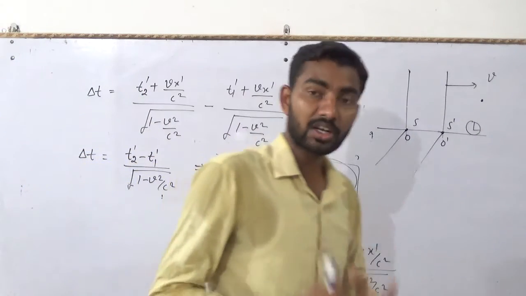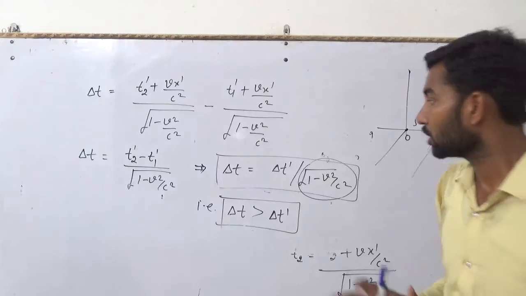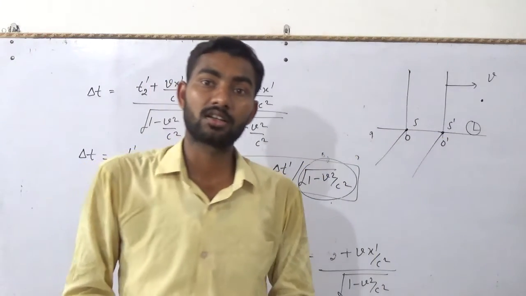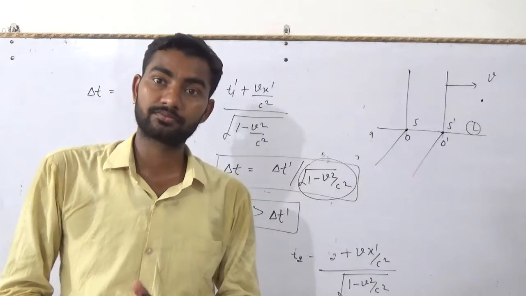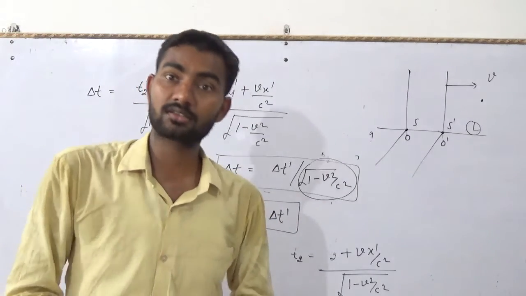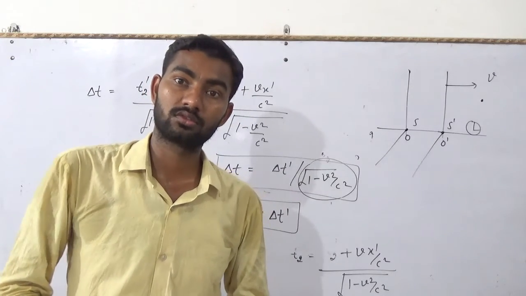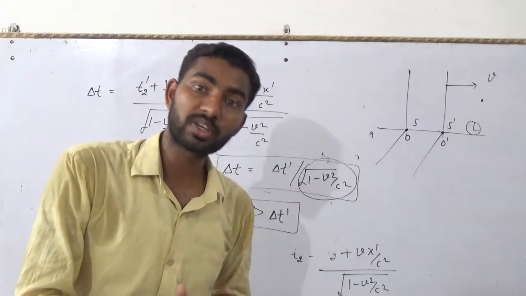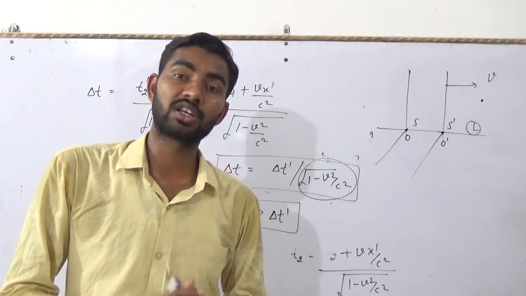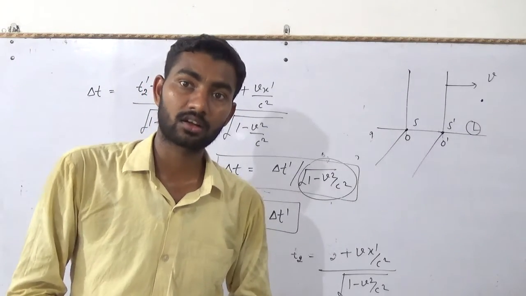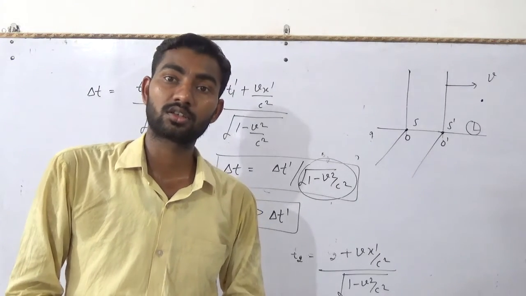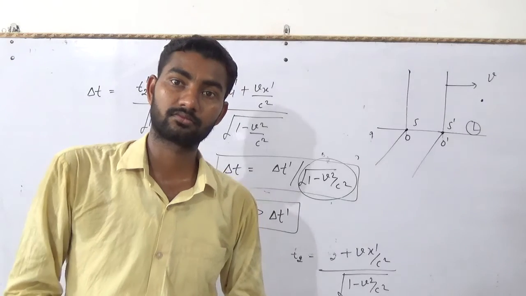Friends, in very simple language, consequently, we can say that the moving clock measures slow time, or appears slow in the moving frame of reference. The moving clock tells us something slow time.